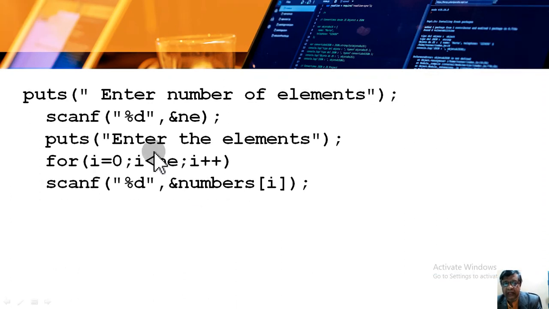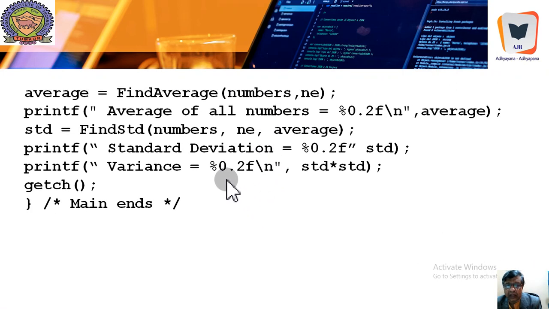Output: enter the number of elements, then enter the elements, so elements will be entered one by one. Now average equal to find average numbers; the array name is sent, and the number of elements. As soon as the compiler looks at this, the control will be passed to that particular definition of the function, and the function would return the average value. This returned value will be poured into average, which is a local variable in the calling function.